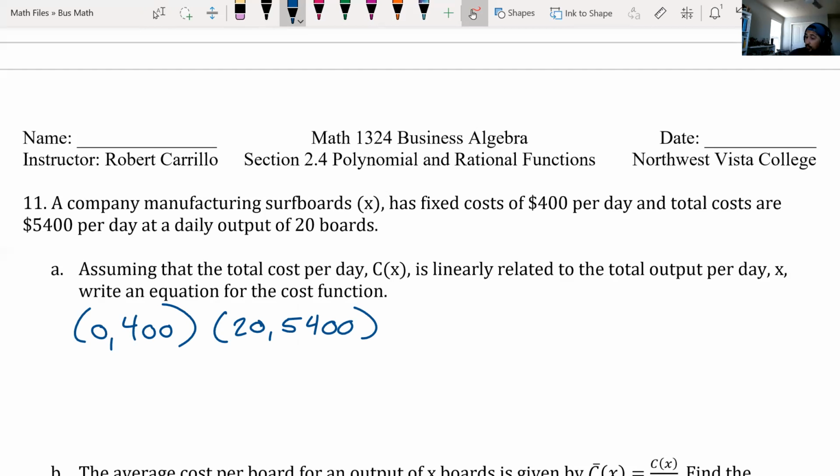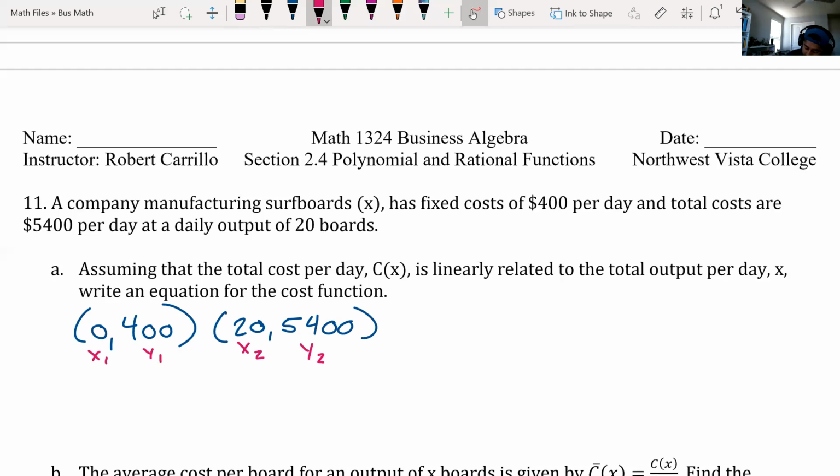Now, we've done this before. Remember that if we're given 2 points, we can find the slope between 2 points. And if we have a slope and a point, we can find the equation of a line. So the first thing we're going to do is find the slope between these 2 points. I'm going to label these as x1, y1, x2, y2.